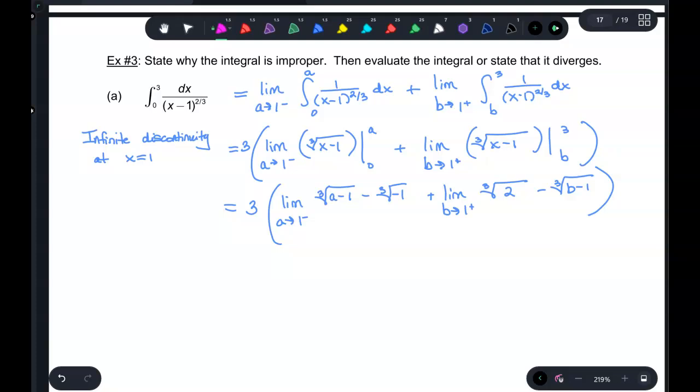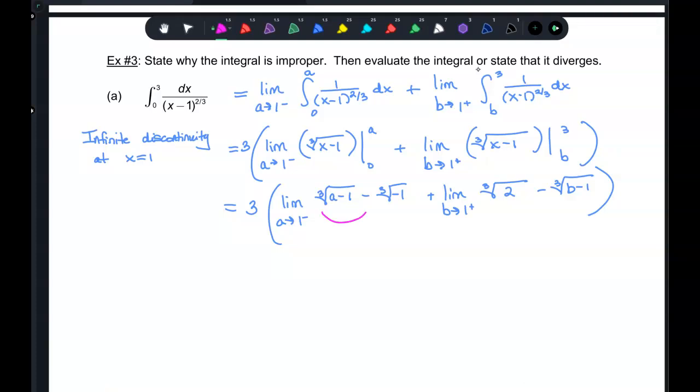Okay, well, this part and this part are just going to go to 0, right? So this will go to 0. This will go to 0. So I have a 3. We subtracted a cube root of negative 1, so that'll just be a positive 1.